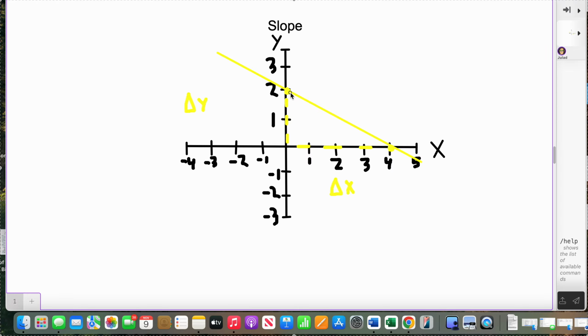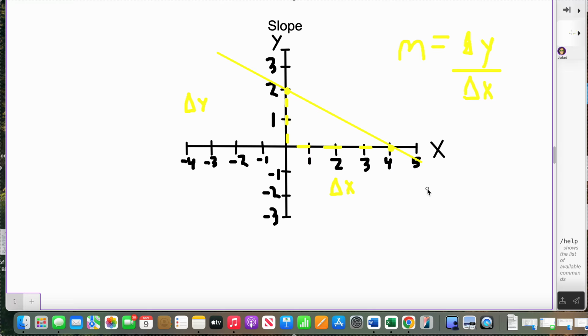We could either take the final point and subtract the initial point from it, or take the initial point and subtract it from the final point. But the important thing is we do the same thing every time. And then our slope, which is denoted m, equals delta y over delta x. And the triangle, which is called delta, means change in, so it's how much it's changing each time.